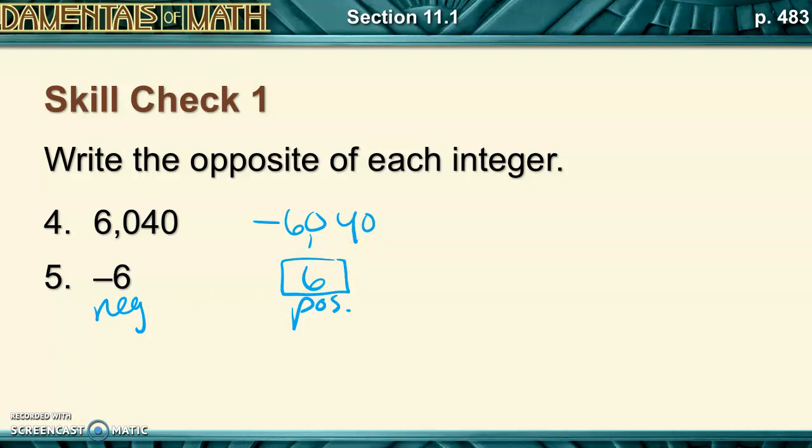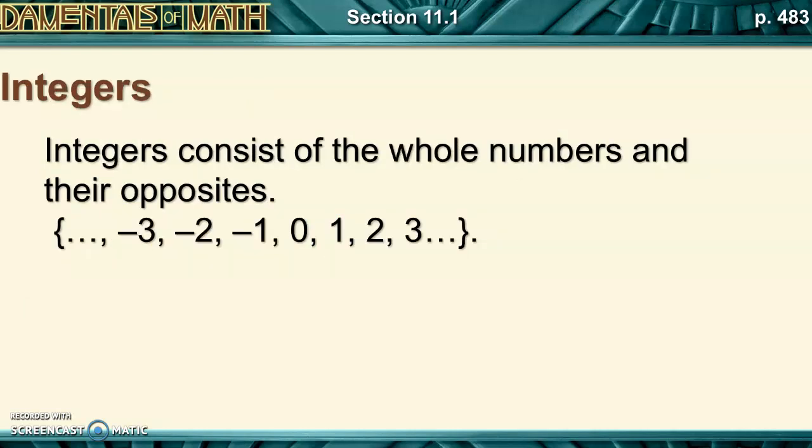So let's go ahead and define integers, because we just used this word. Write the opposite of each integer. We haven't really discussed what exactly an integer is. Well, integers by definition consist of whole numbers and their opposites.